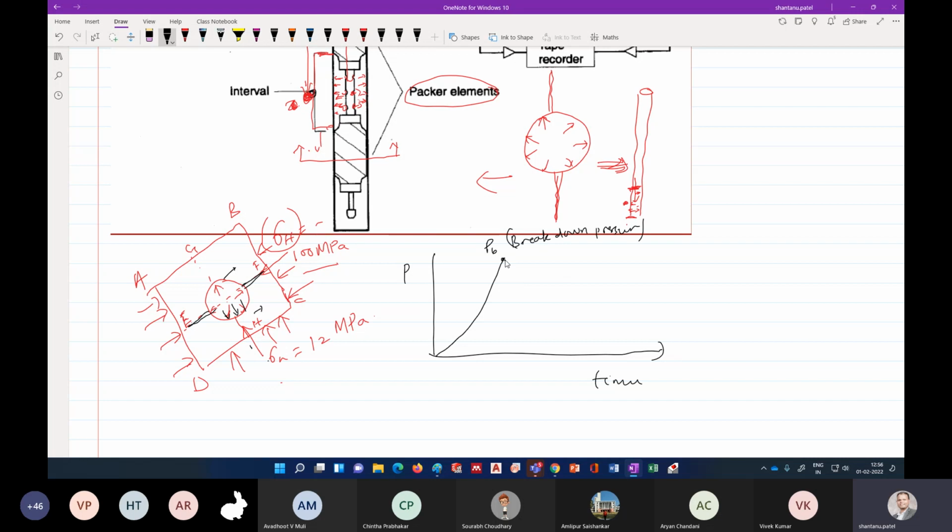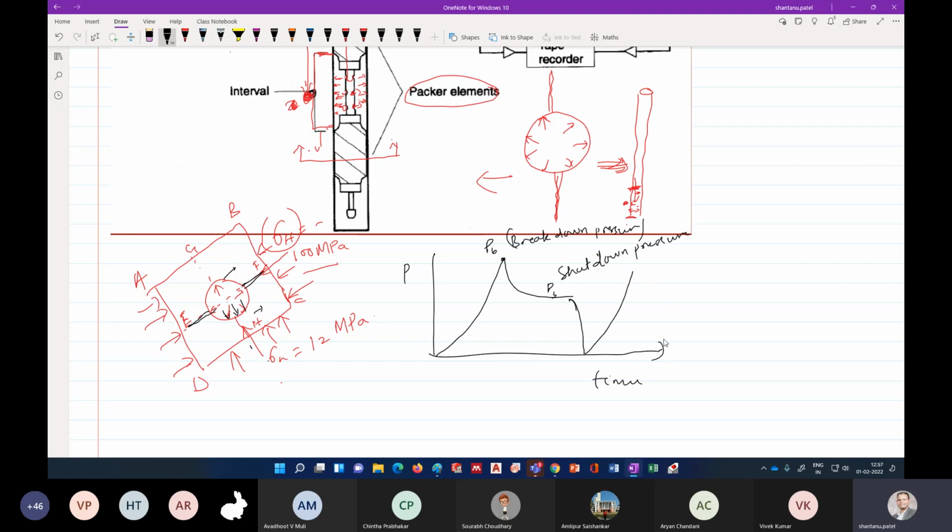Then once this fracture is open, this pressure suddenly goes down and reaches a value which is called PS, your shutdown pressure. Then you switch off the pump so that the pressure becomes almost zero, and then you do something called a reopening.